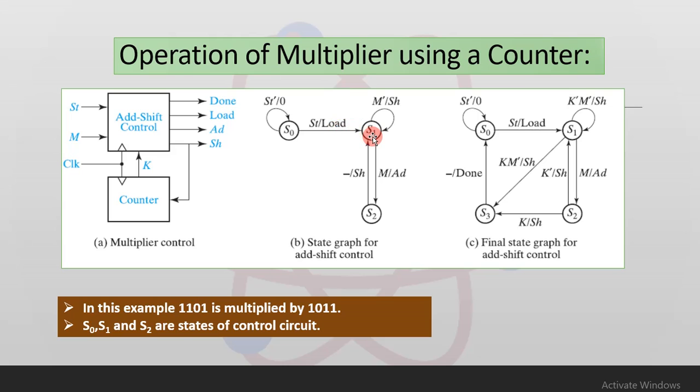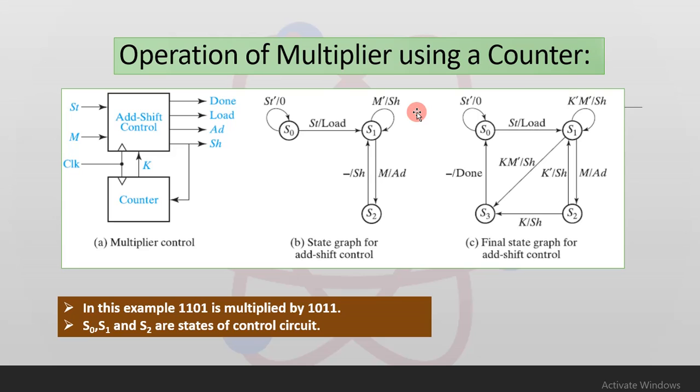In this particular state S1, if M is equal to 0, a shift signal is generated and the circuit will stay in the state S1 itself. If M is equal to 1, an add signal is generated and the circuit will go to the state S2. In the state S2, a shift signal is generated because the shift always follows an add.